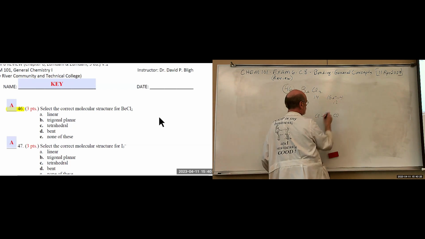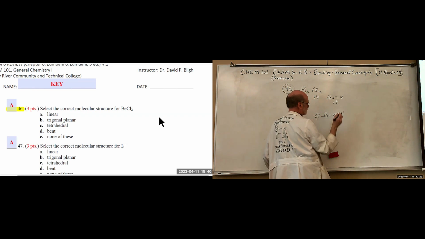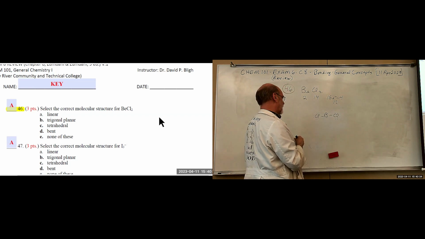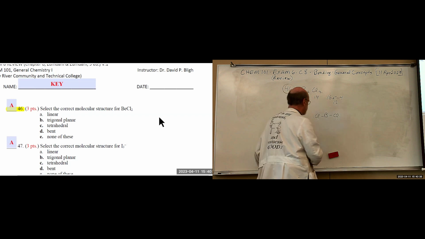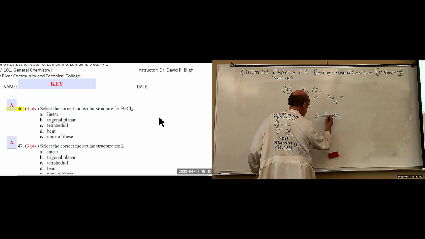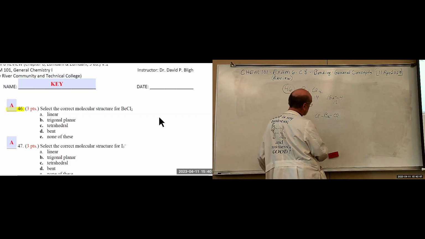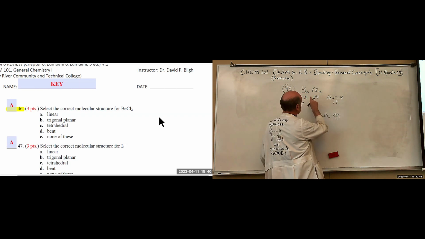That leaves us with 12. 2, 4, 6, 8, 10, 12. All right, so what are we going to do? Excuse me, beryllium, not boron, beryllium. Well, 2, 4, 6, 8, 10, 12, 14, 16. That's right.